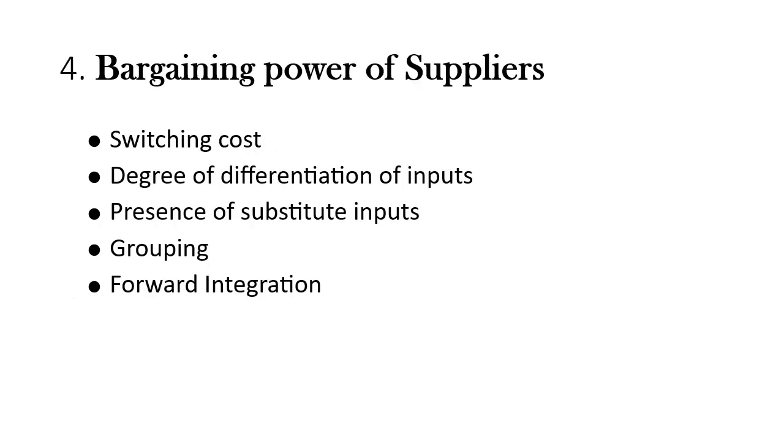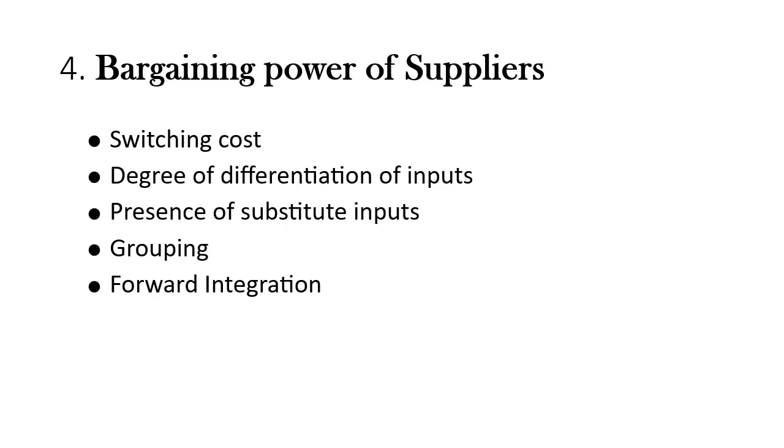Then the bargaining power of suppliers, who provide us the raw materials for our operations and for the completion of goods. Whether the supplier has the bargaining power, or the company has, who has more? Suppose many suppliers are available for our raw material requirement. Then we have more bargaining power than the supplier.